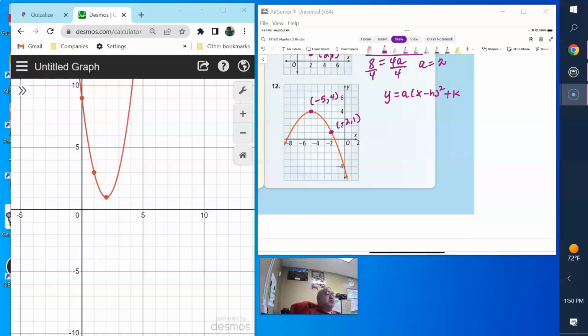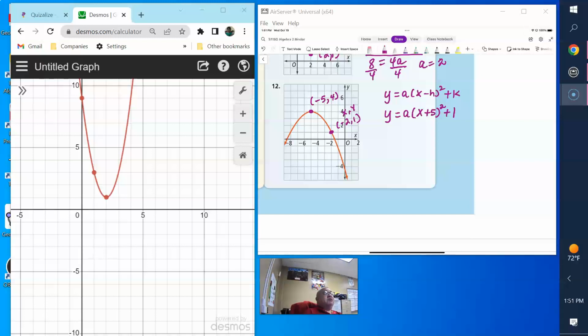I know that it moved to the left. It shifted to the left when you compare it to the parent function. So it's y equals a(x plus 5) squared plus 1. Now I know that negative 2 is equal to x, and we know that y can be replaced with 1.